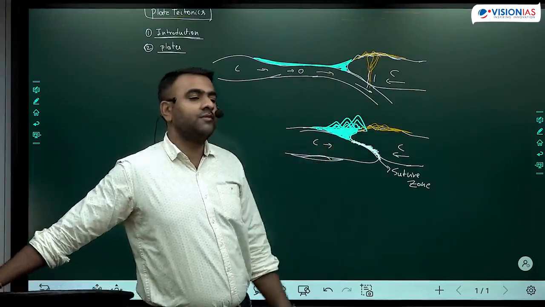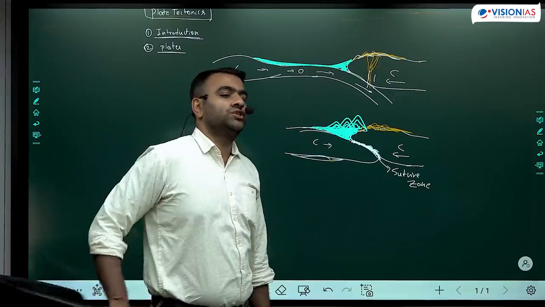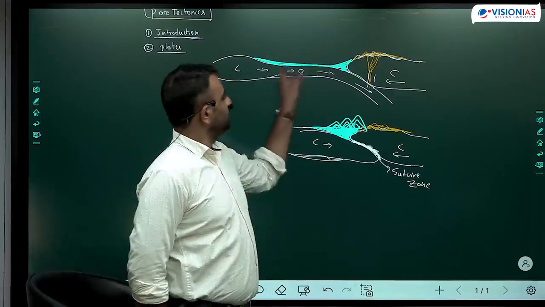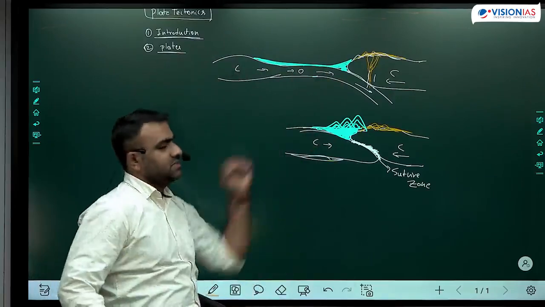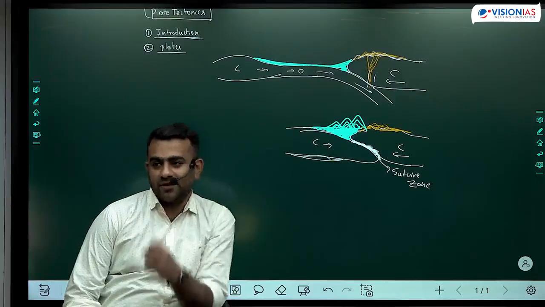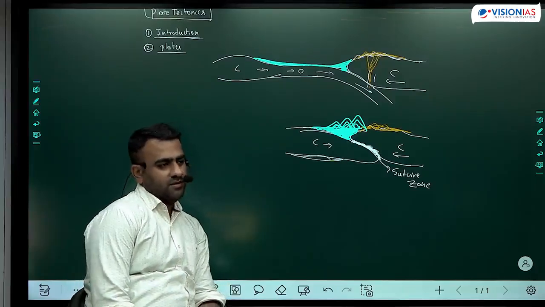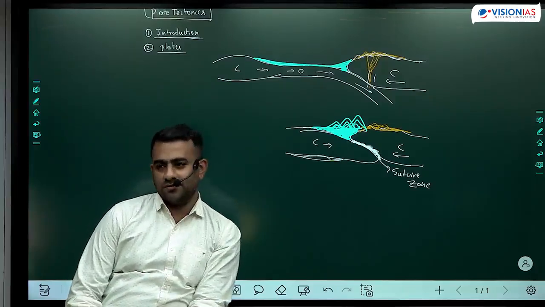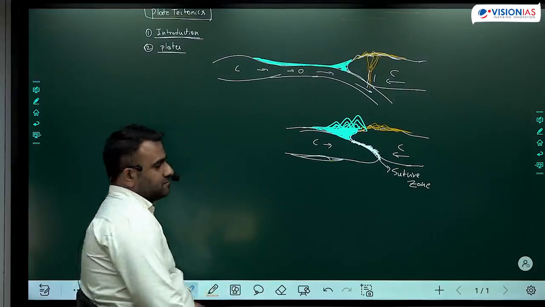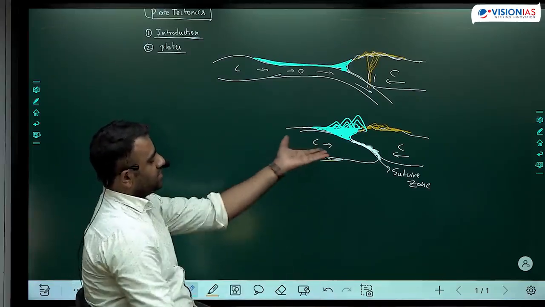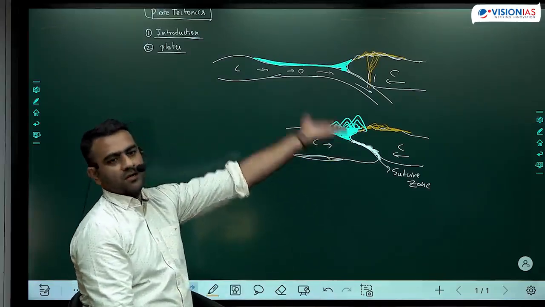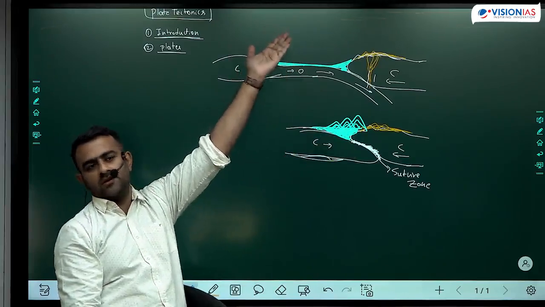This is made up of sediment from the ocean. कौन सी ocean? इसके बीच में जो ocean था ना, marine sediments. Many of the marine fossils are still there. You go to Himalayas, you will find many of the marine fossils over there. As long as this compression is happening, these fold mountains are continuously rising.